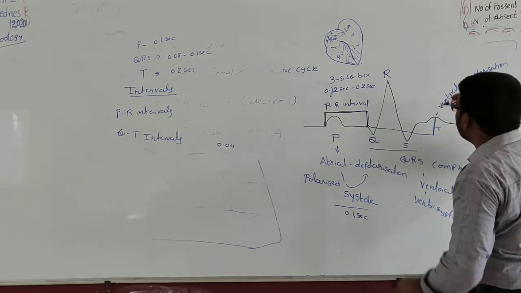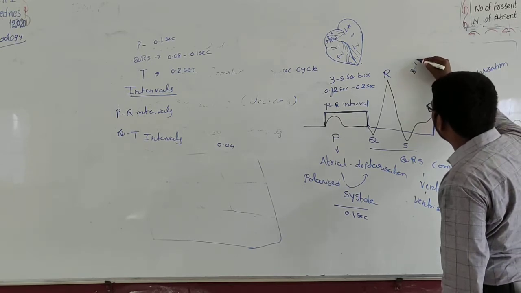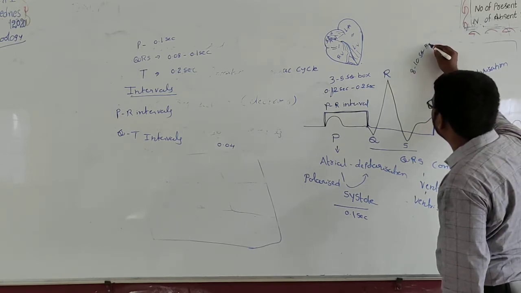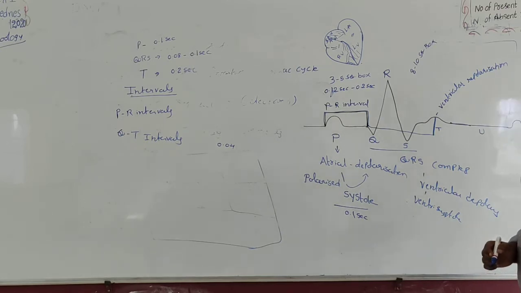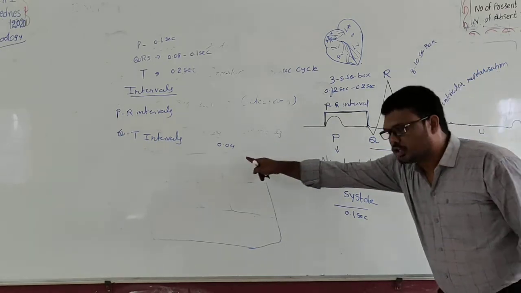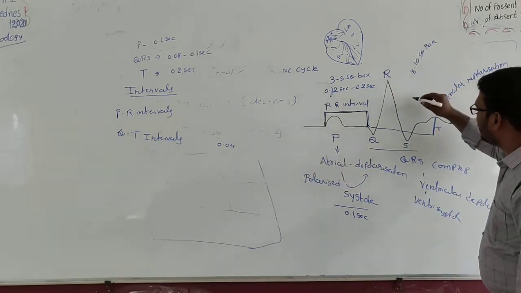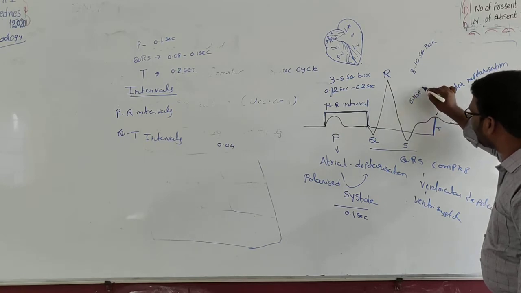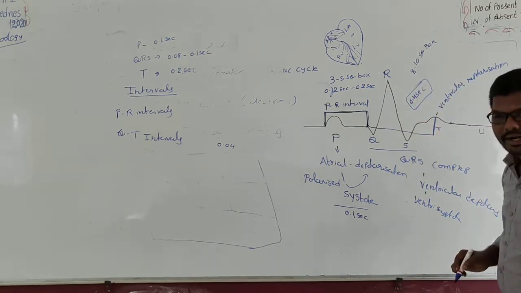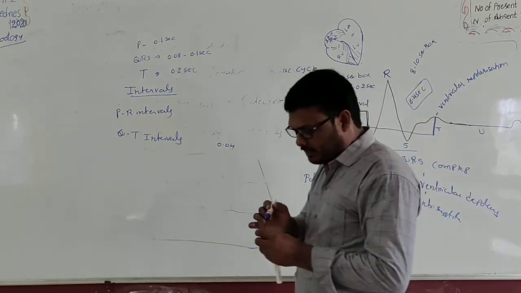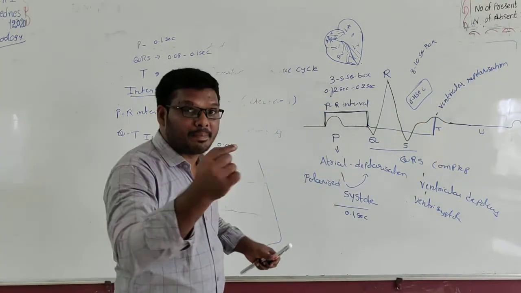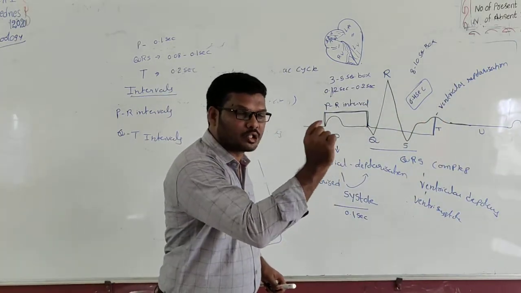Between this it occupies 8 to 10 small square boxes. 0.04 into 10 you get 0.4 seconds.